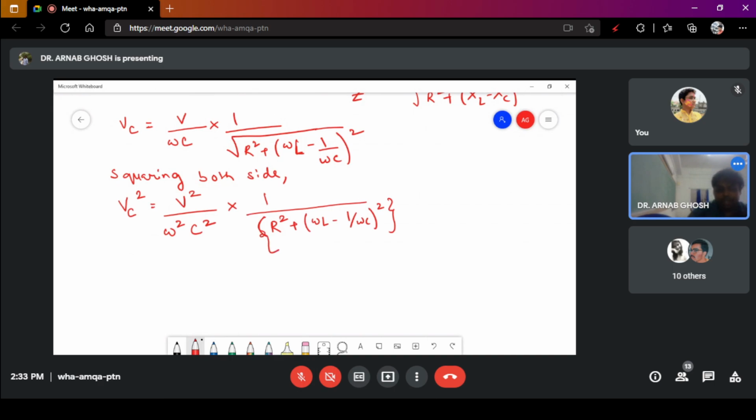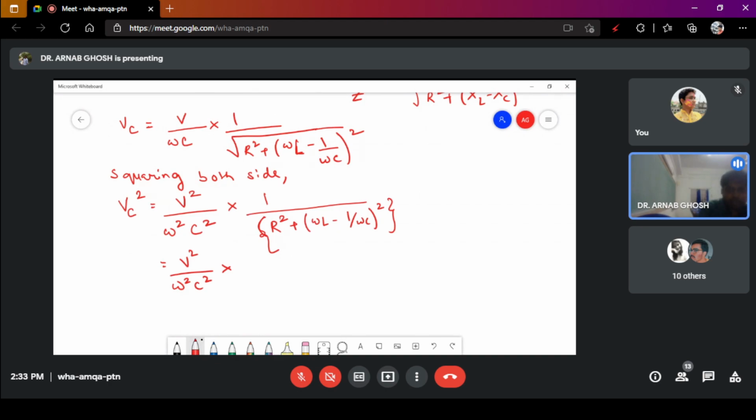We have squared up both sides. Next, we just simplify this. So this is V square by omega square C square, and this is multiplied by, if you break this up, what will be the value?